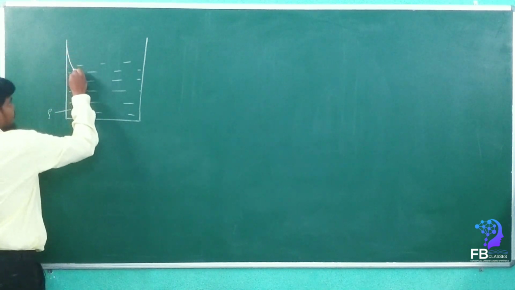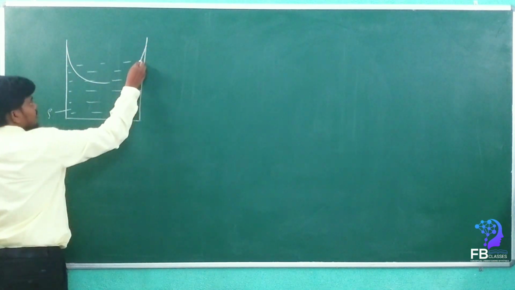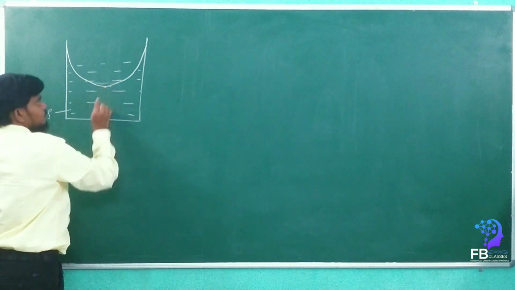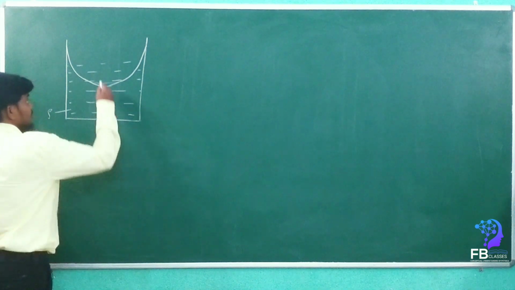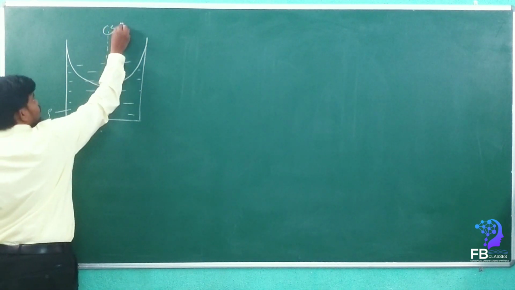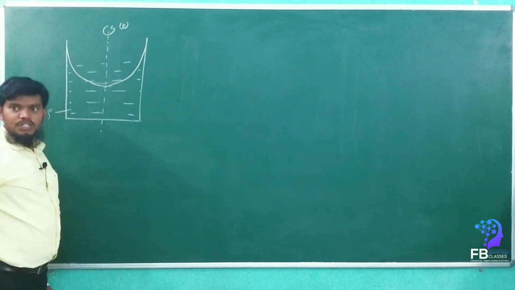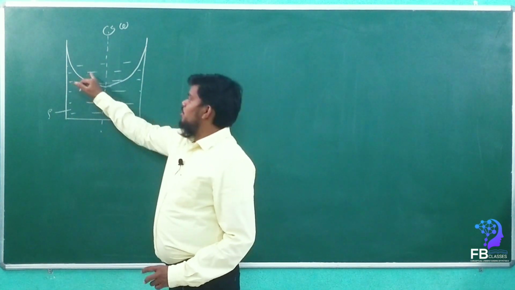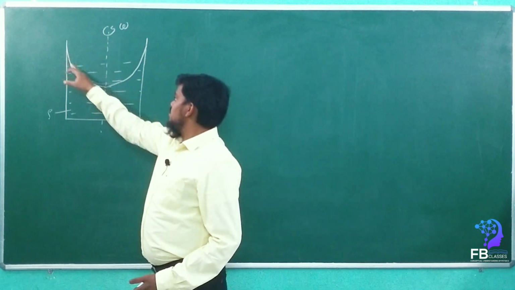Yes or no? So we rotate it with angular velocity omega. Now this total liquid will come into this curved shape.